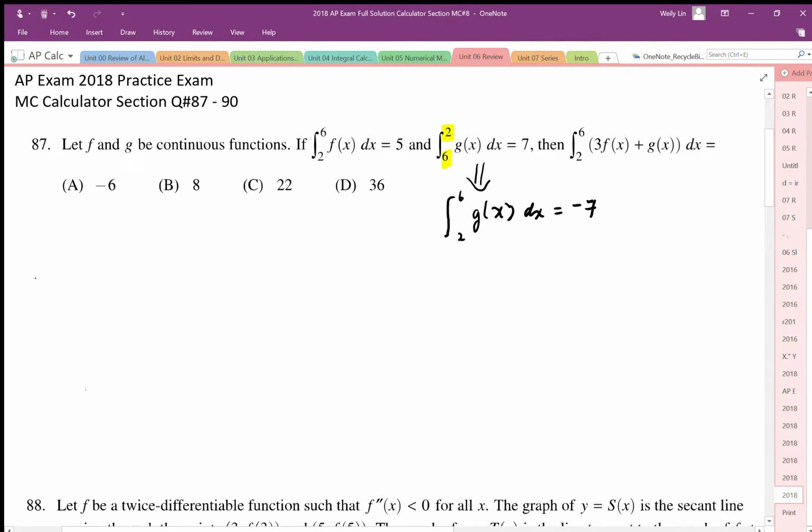We can integrate these piece by piece because integrals can be split up. So the constant does not affect integration. And so we're going to integrate the f of x separately from the g of x.